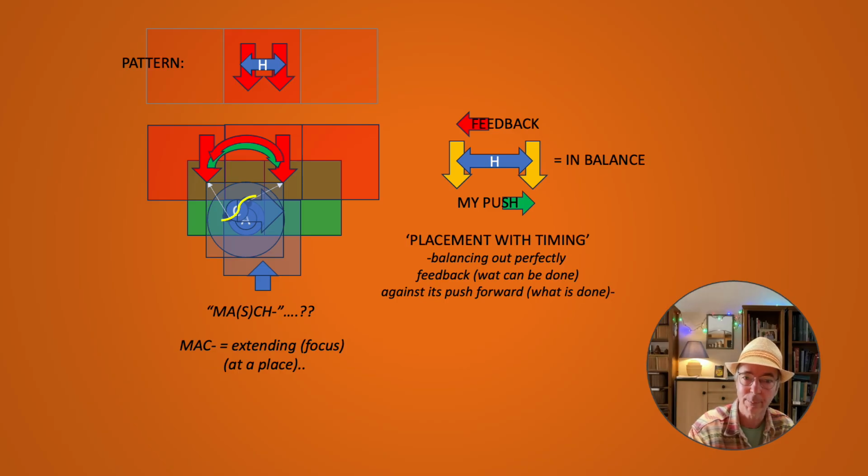But we have some patterns. We have the pattern of H, which is the balanced out space in between the feedback, what can be done, and our push forward, what is done. So that we already know. The M is that material, so the material has certain conditions in which it can move into certain directions.